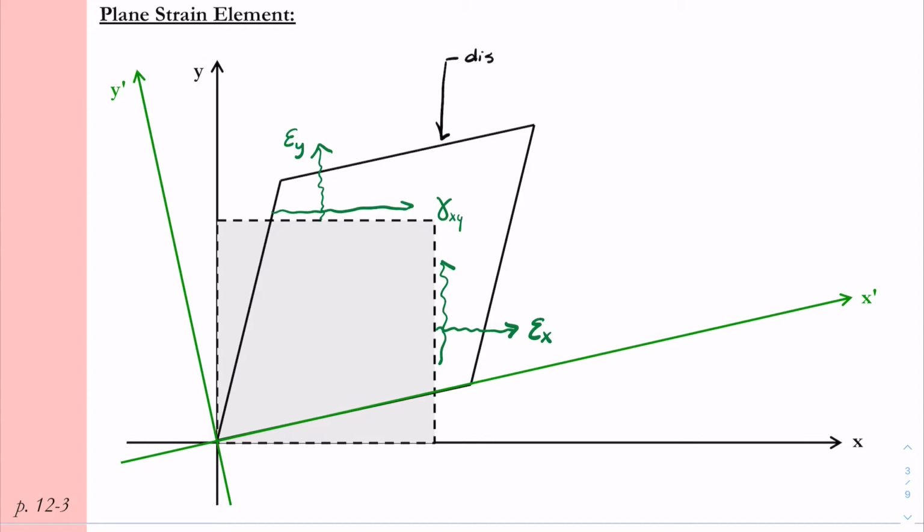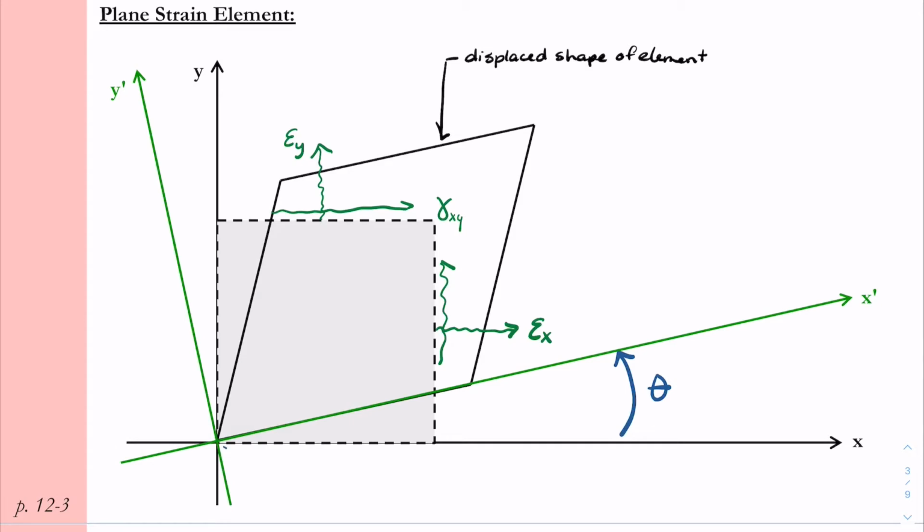The black line, this parallelogram, now represents the displaced shape of the element after I apply a positive normal strain in the x direction, a positive normal strain in the y direction, and a positive shear strain gamma xy. We are interested in solving for epsilon x prime, where x prime is some angle theta from my original x-axis.